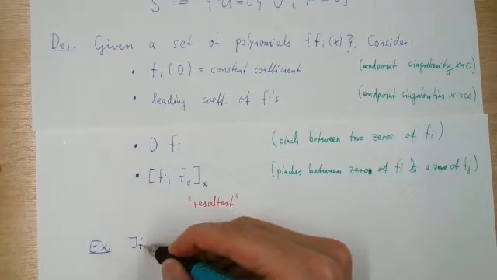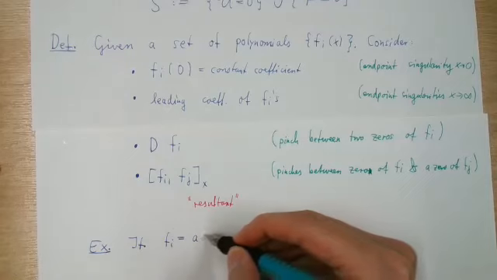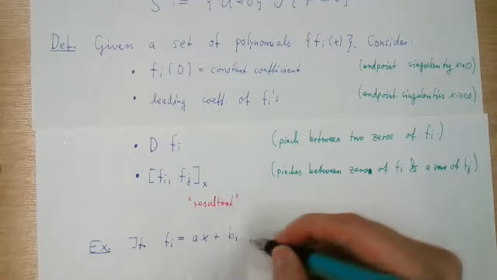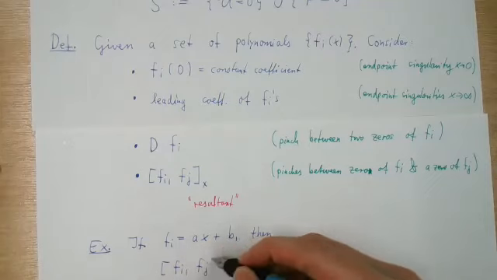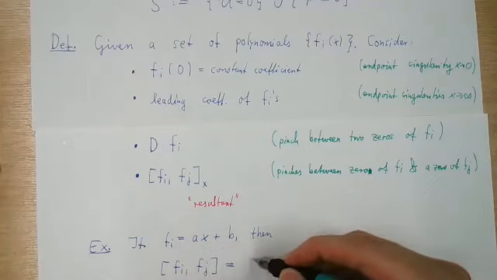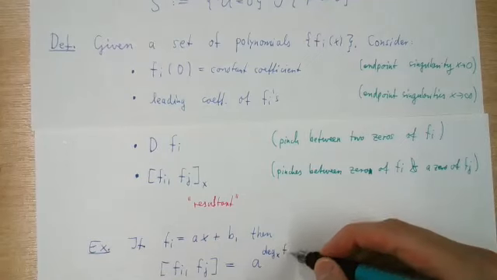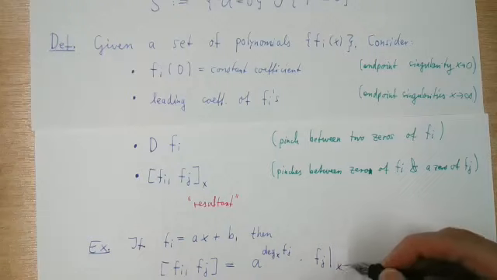So if fi is linear, ax plus b, right? Then this resultant of fi and fj is just a to the degree of fj times fj evaluated at the zero of fi, minus b over a.